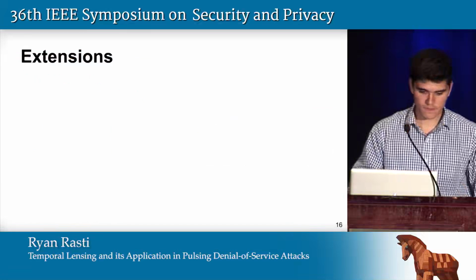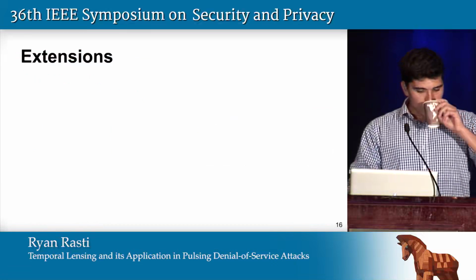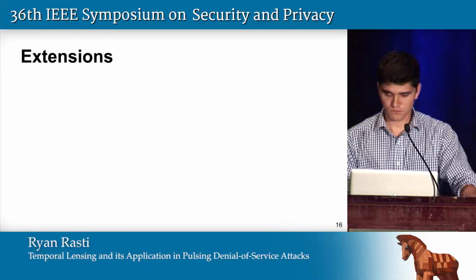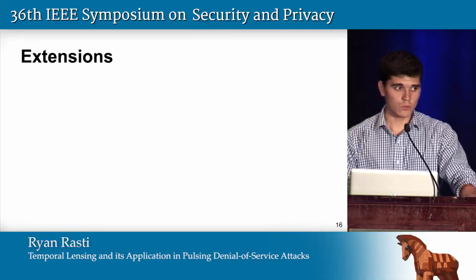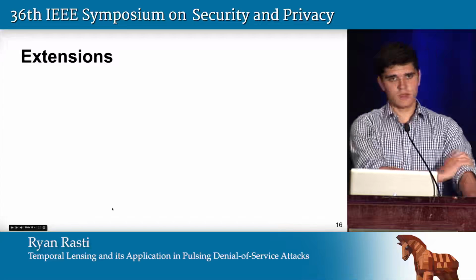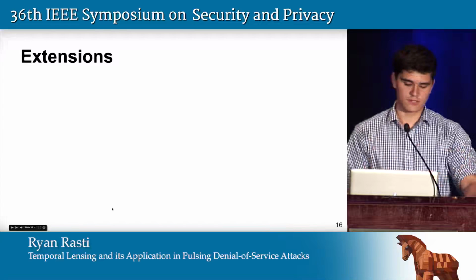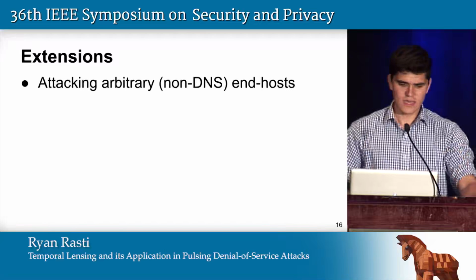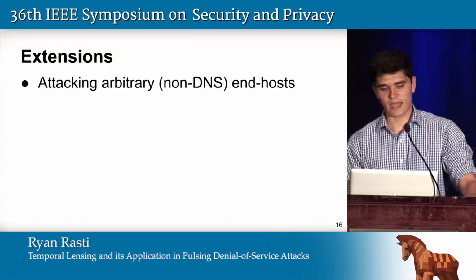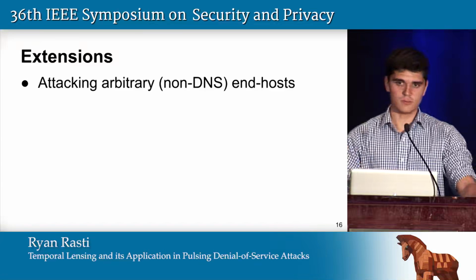Okay, so now, satisfied with our prototype, we move on to a few extensions of how to make the attack practical, fully operational, and perhaps how to make it better. The first extension is a real biggie: how can we attack non-DNS hosts?